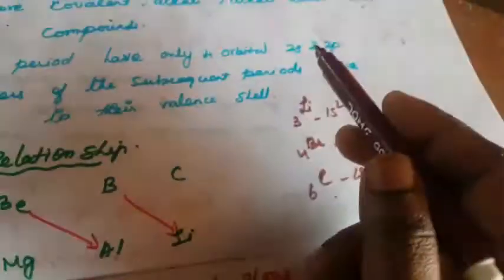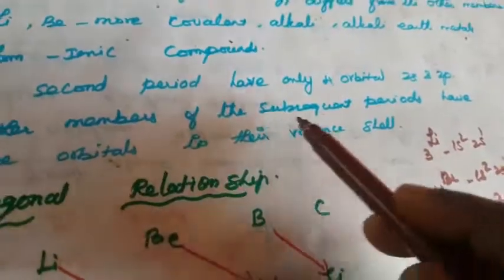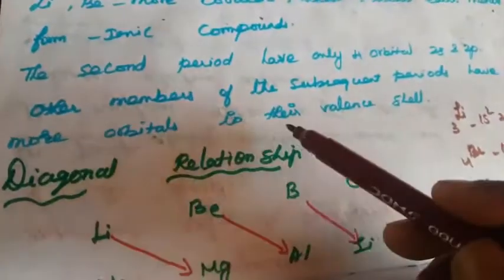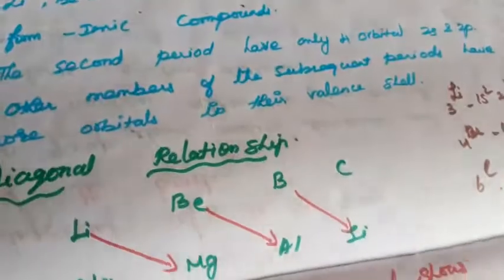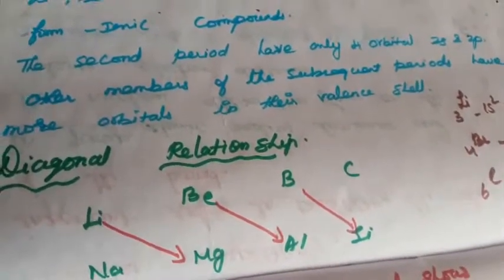Members of the subsequent periods have more orbitals in the valence shell, such as d, f and other orbitals.